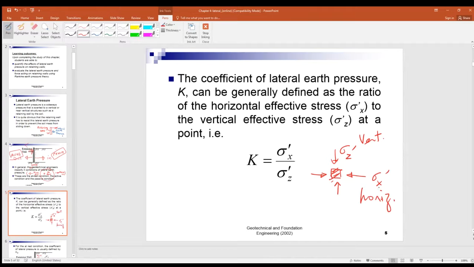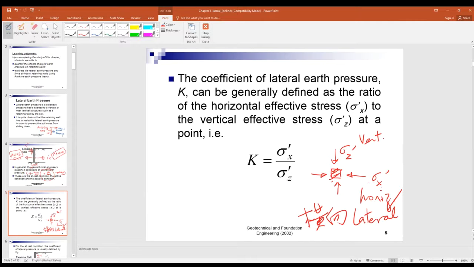But for geotechnical engineers, we always call these stresses lateral. Lateral stress. In other words, for any point below the ground surface, there are two types of stresses. The first one is the vertical stress, sigma z, and the horizontal stress, the lateral stress, sigma x.